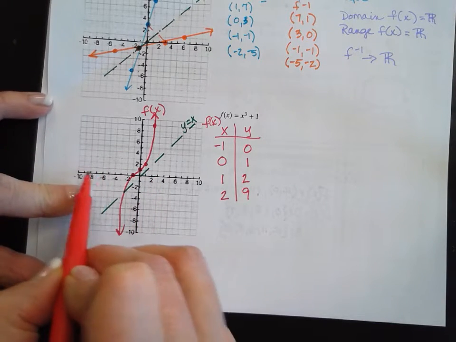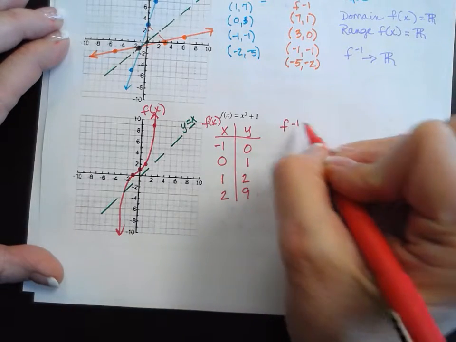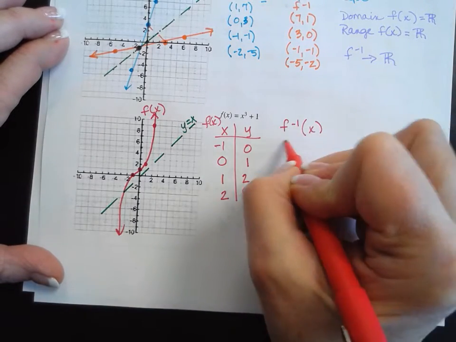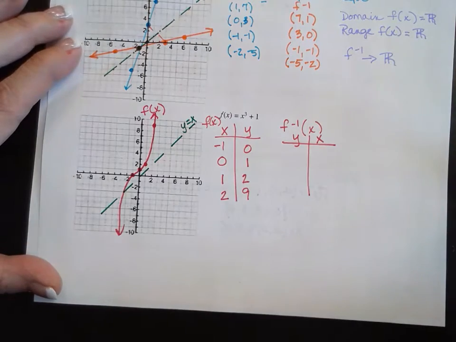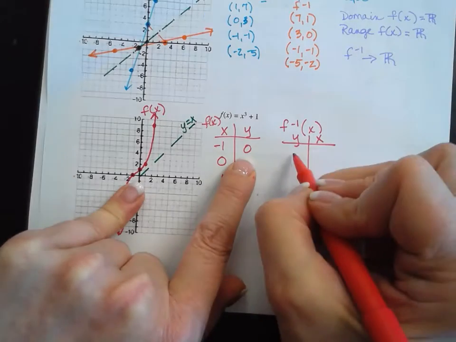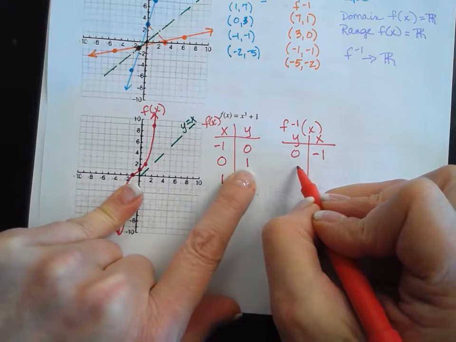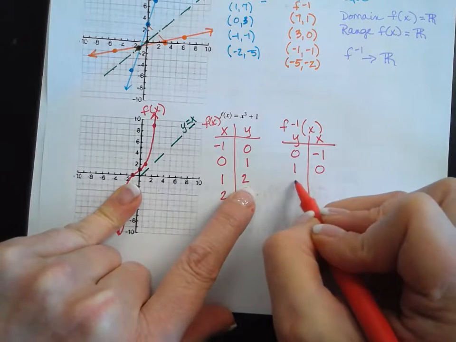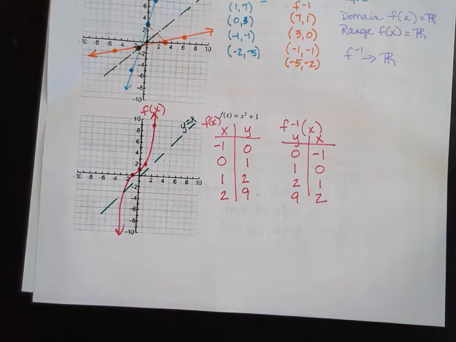These are going to be somewhere over in there. But if we just make another table, because I'm going to flip-flop my points around. So I have 0, -1. 1, 0, 2, 1, and 9, 2. Good?